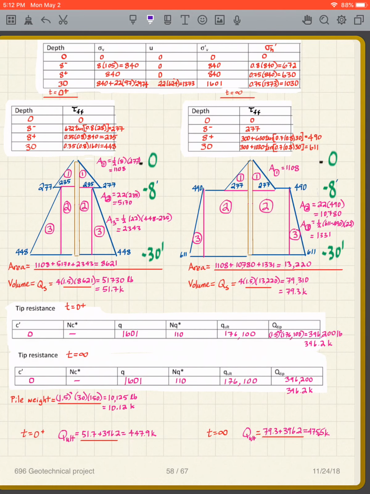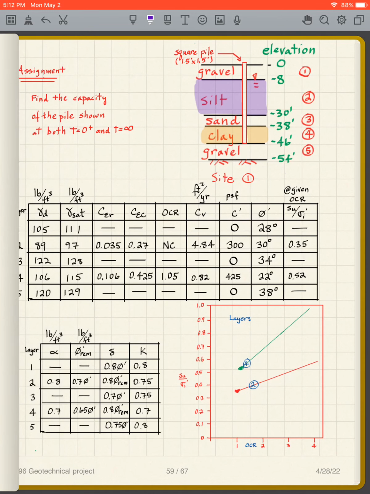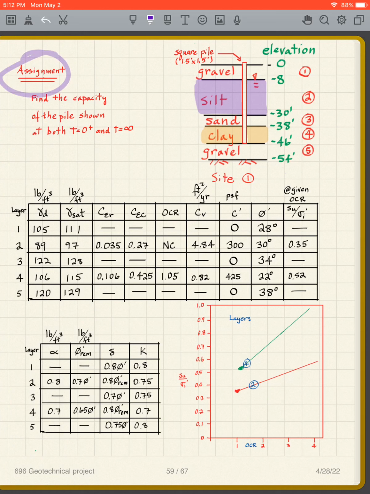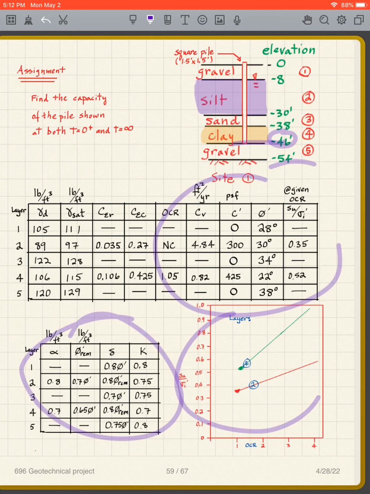But what I want you to do is this particular case. This is your assignment. Here the pile goes down to 46 feet. I've already done some of the work for you, but all this stuff is still the same.